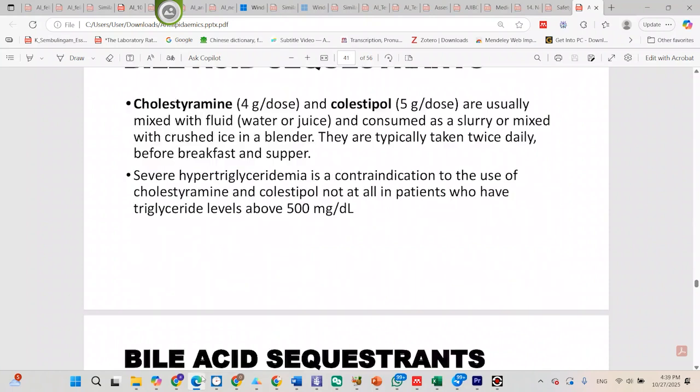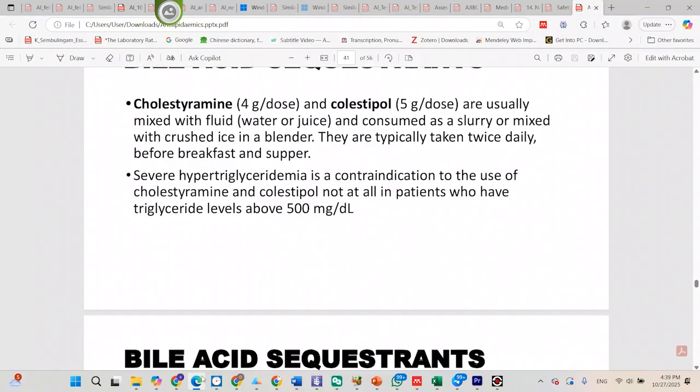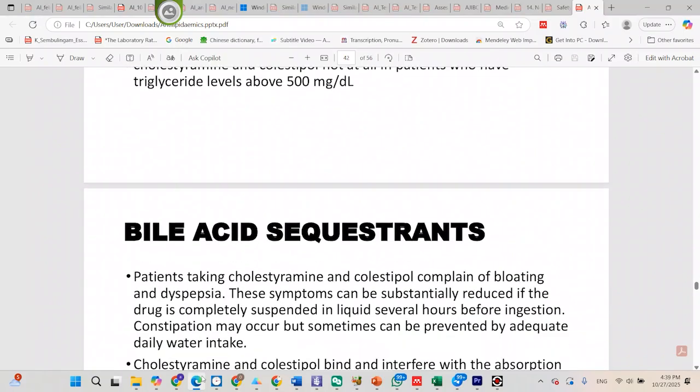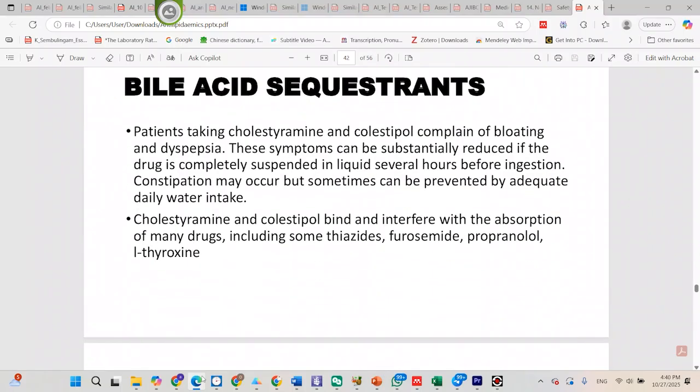In severe hypertriglyceridemia, do not use cholestyramine in such patients. It's contraindicated. A common complaint is bloating and dyspepsia in patients taking these bile acid sequestrants.